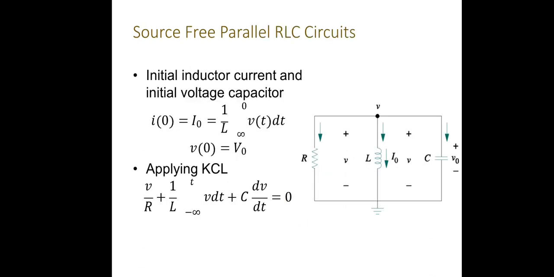Now let us take the source-free parallel circuit. Similar to what we discussed for the series circuit, in the same manner we discuss the source-free parallel RLC circuit, with the initial inductor current and the initial capacitor voltage. Here, the current directions are all in parallel, so R, L and C are in parallel.